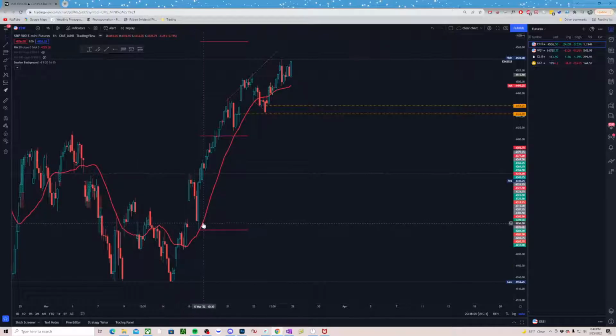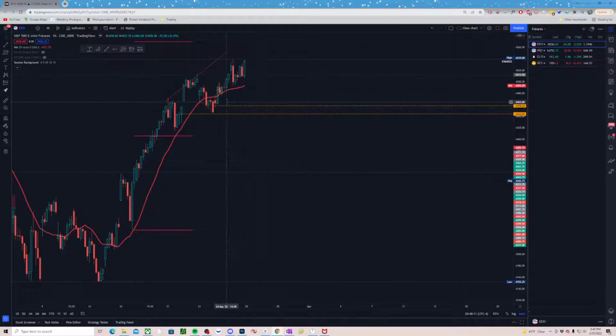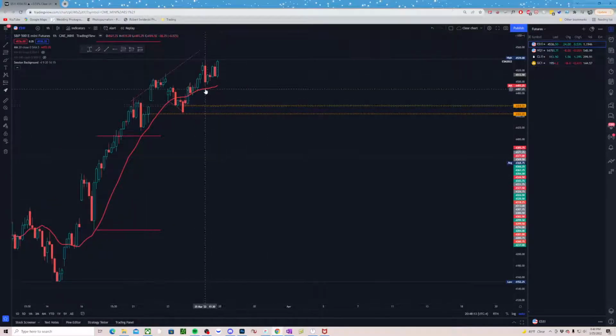It's basically smoothing out the price for me. So the price is hovering around it, and the value to the participants is determined by the moving average. If the price is below the moving average, it is deemed as cheap, and therefore bulls would love that. When it's above the moving average, it is deemed as expensive.